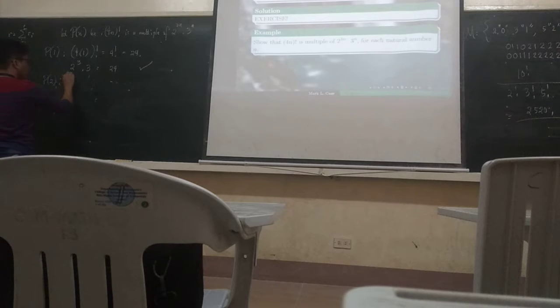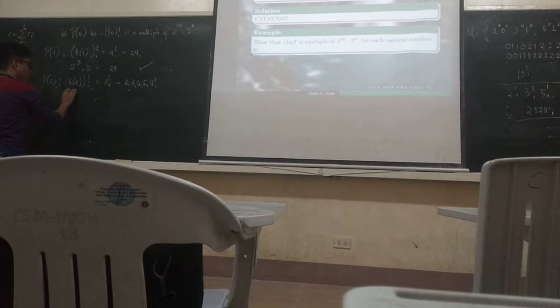For P2, you'll have 8 factorial. That is 8 times 7 times 6 times 5 times 4 factorial. Let's calculate the expansion: 2 to the 6 times 3 squared.